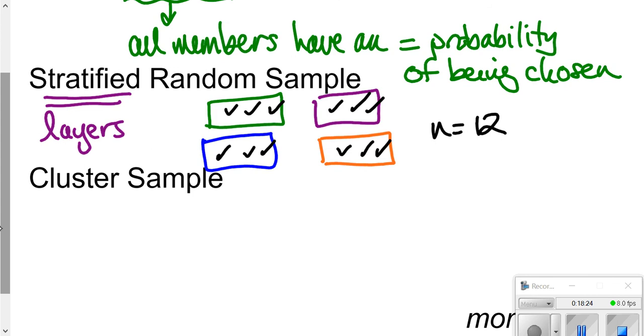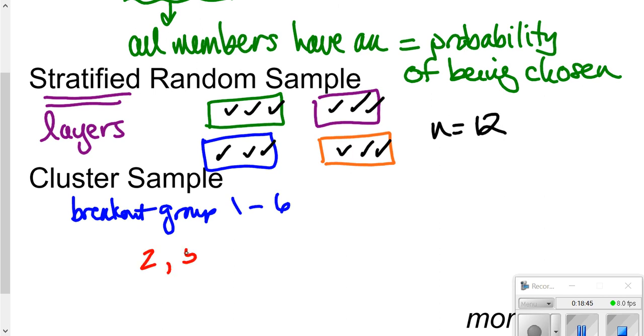Cluster sampling is more like we have groups that already pre-exist. So let's think about your breakout groups, right? When I ask you guys to go work in your groups. So I might have breakout groups 1 through 6. And then I might roll a die, and I get group 2 and group 5. Group 2 has 3 people in it.